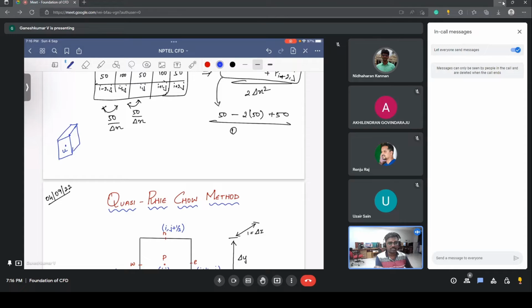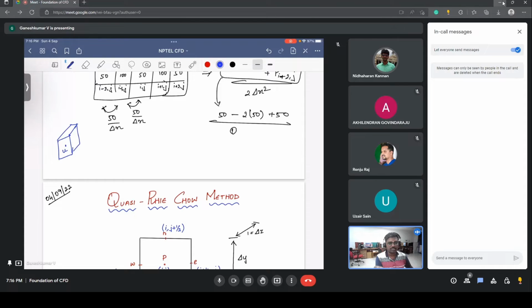Similarly, for central differencing, it doesn't matter because it doesn't take care of the direction of flow. This would be east and this would be west. If you want to calculate phi small w, it would be phi P minus phi capital W divided by delta x, right?